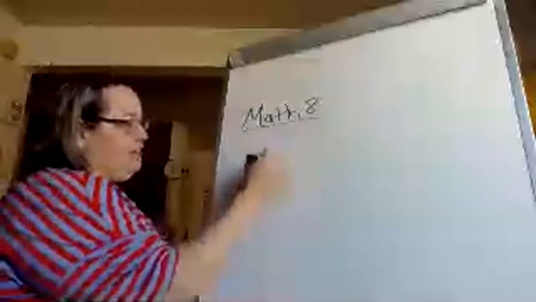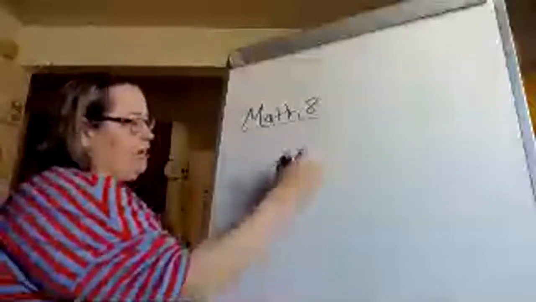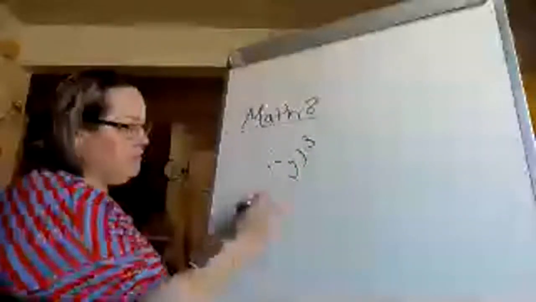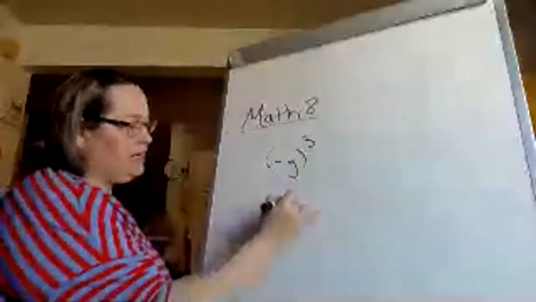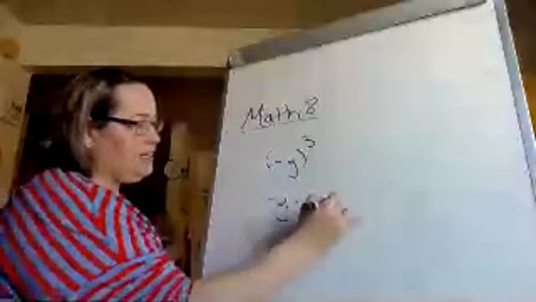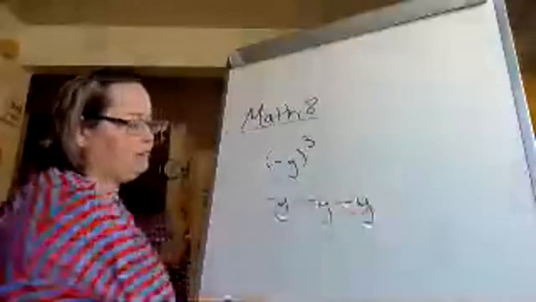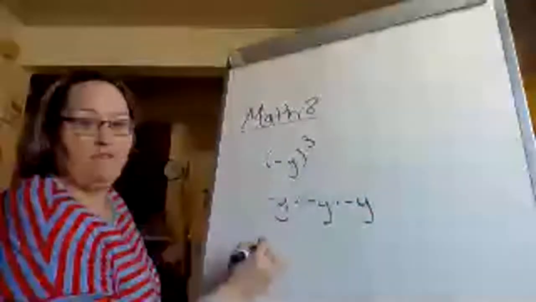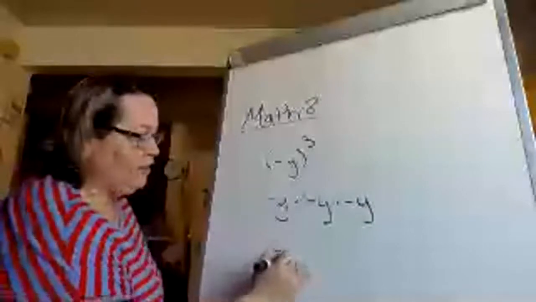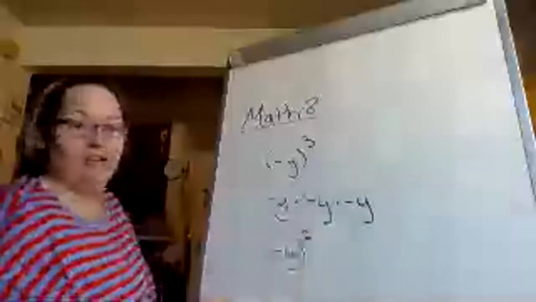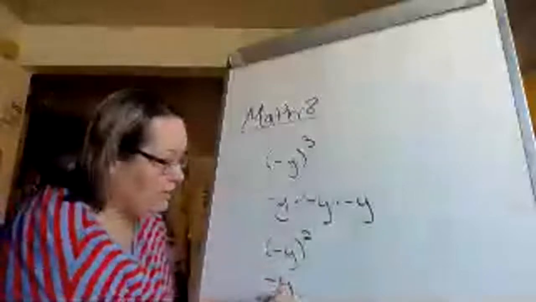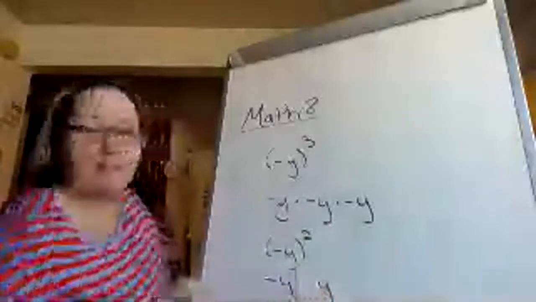Now, this is one thing that we have to talk about. If I have negative y raised to the third power, that's the same thing as saying negative y times negative y times negative y. Now, if I have negative y squared, I would have negative y times negative y.